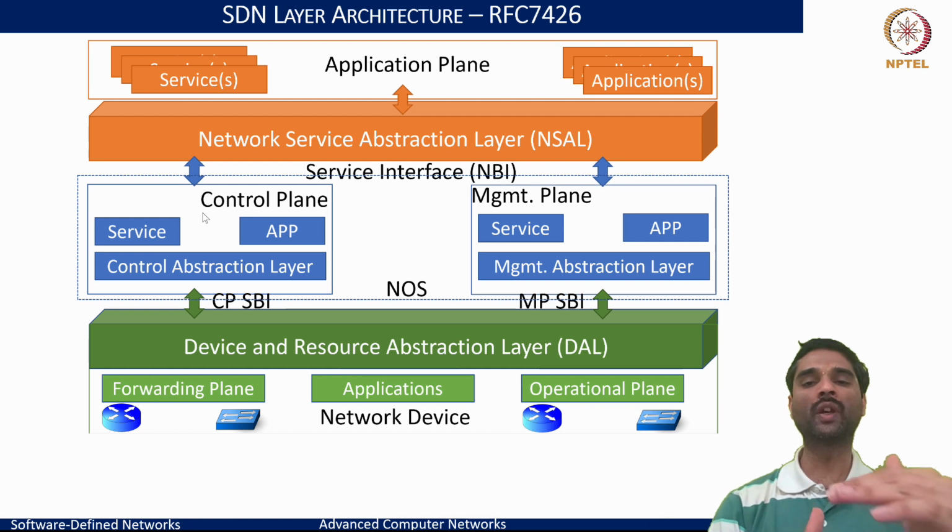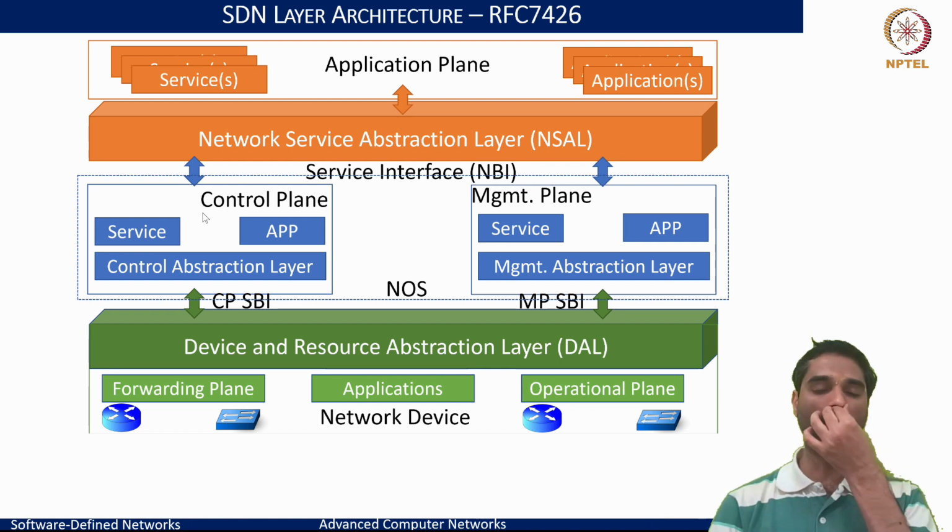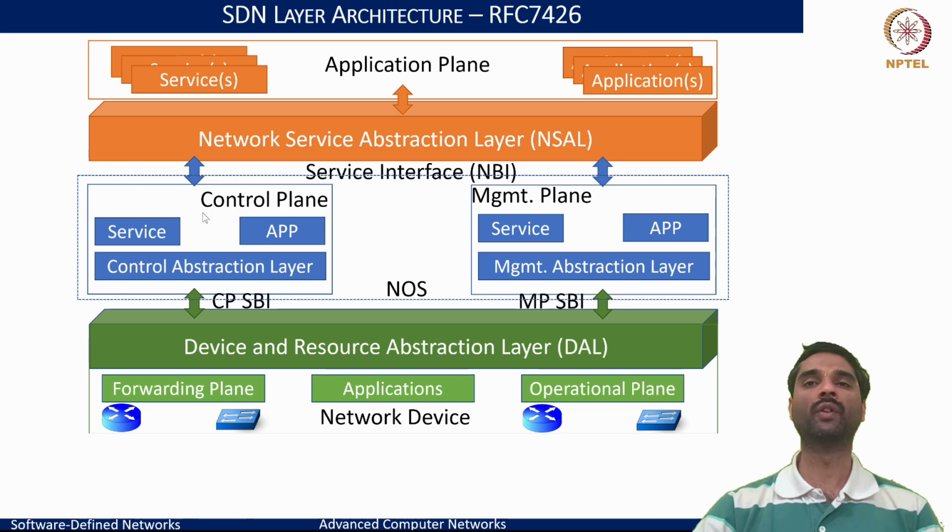What we see below the network operating system is the southbound interface, and above the network operating system is the northbound interface. By southbound, what we mean is communication to the network device, either virtual or physical, and the northbound interface is the communication with respect to the network intents or the applications that we want to run and make the adaptation onto these network devices.